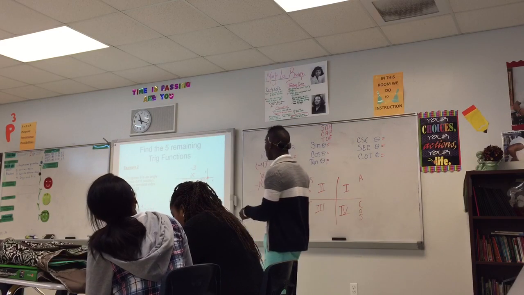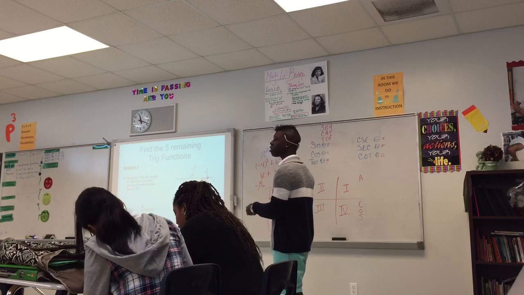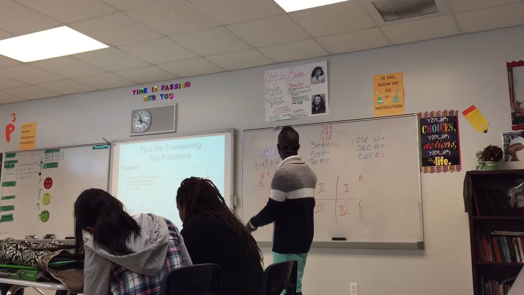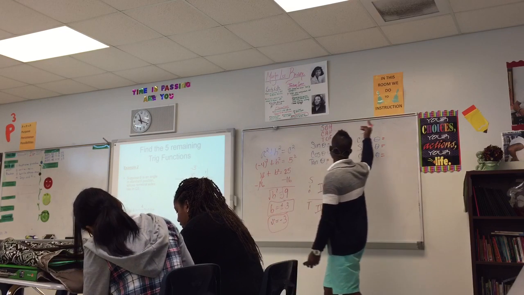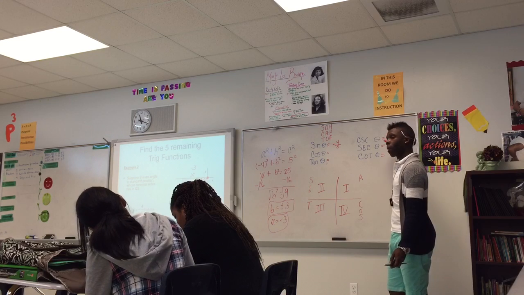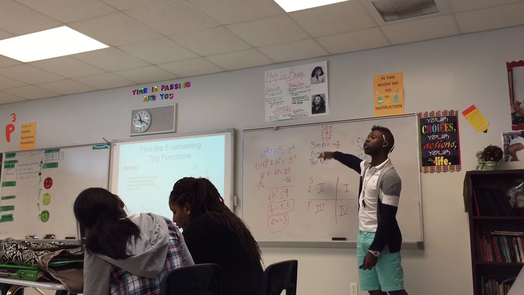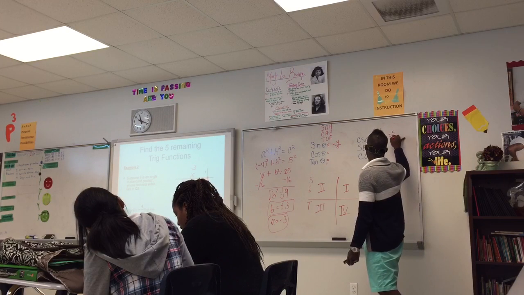What is sine of theta? Negative 4 over 5, because the problem gives that to us. So what is cosecant of theta? If cosecant is the inverse of sine, it's negative 5 over 4.